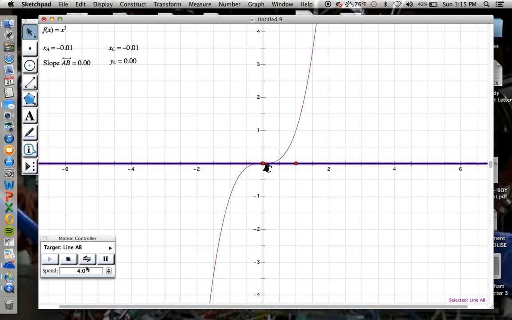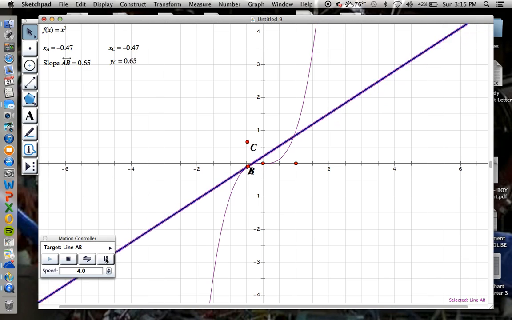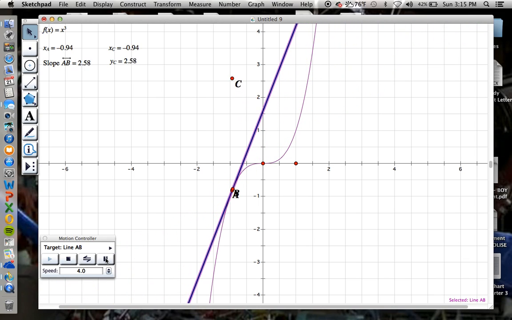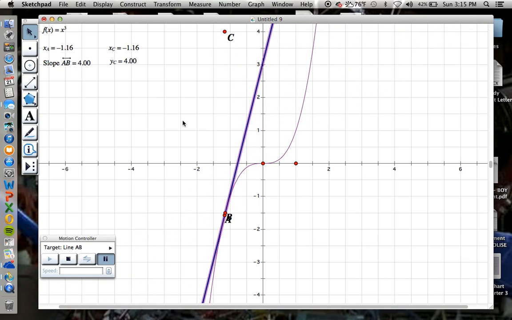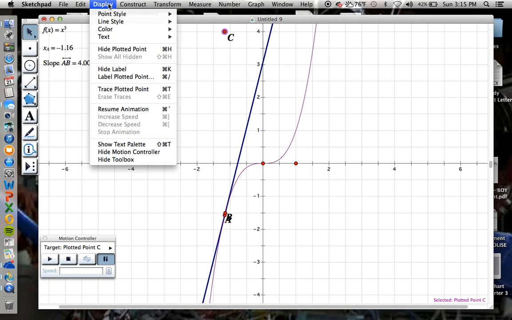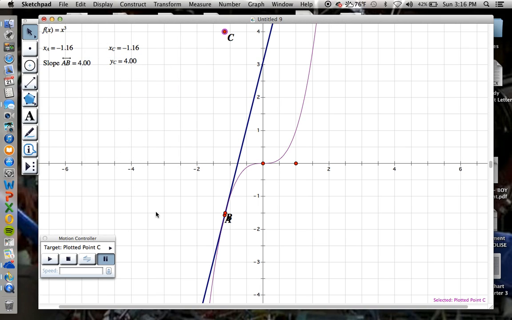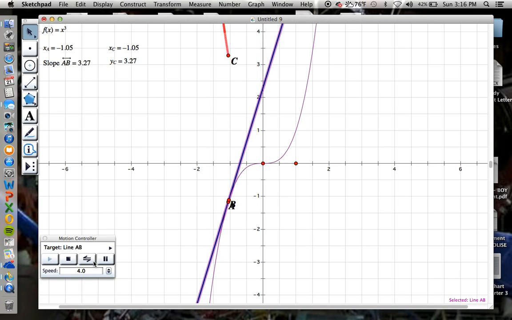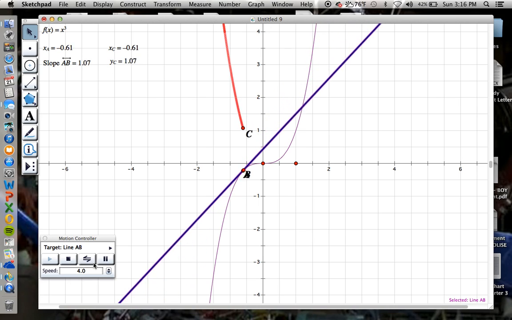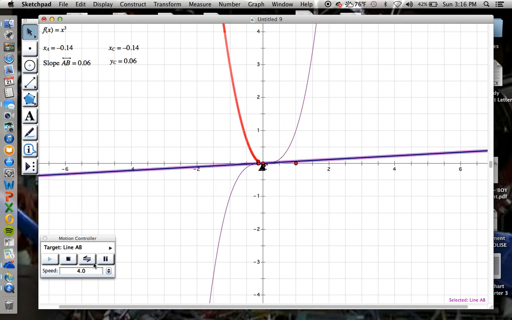Now I'm going to trace point C to see what kind of function it gives me. So I select point C, trace that plotted point, select my line again, and animate the line. But I want you to see what we get as a result.